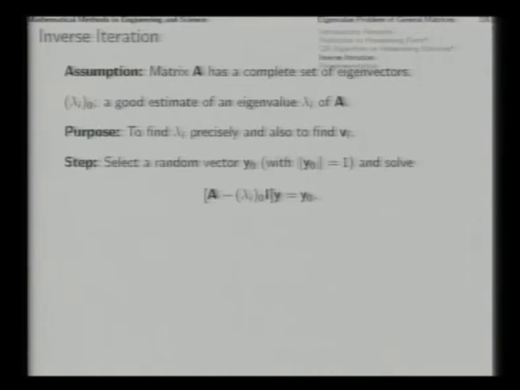For that, the assumption is that matrix A has a complete set of eigenvectors, and lambda I 0 is a good estimate of the ith eigenvalue of A, lambda I. Okay. So, lambda I 0 is an estimate of lambda I. In that case, in order to find the eigenvalue lambda I precisely and to determine the corresponding eigenvector, you first make a guess of any random vector y 0 with magnitude 1 and solve this system.